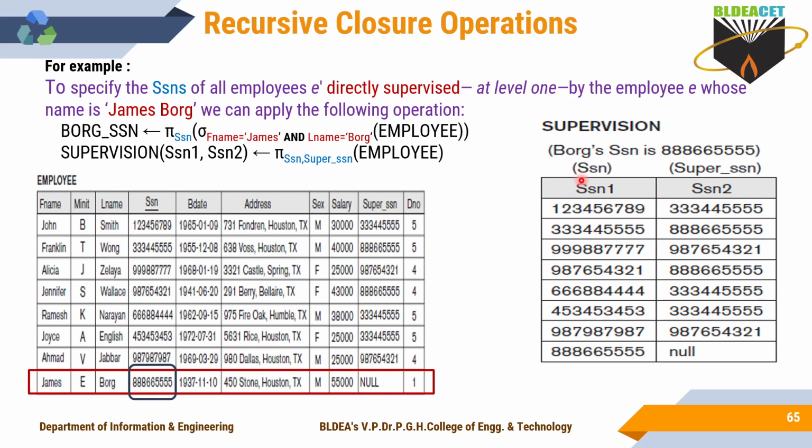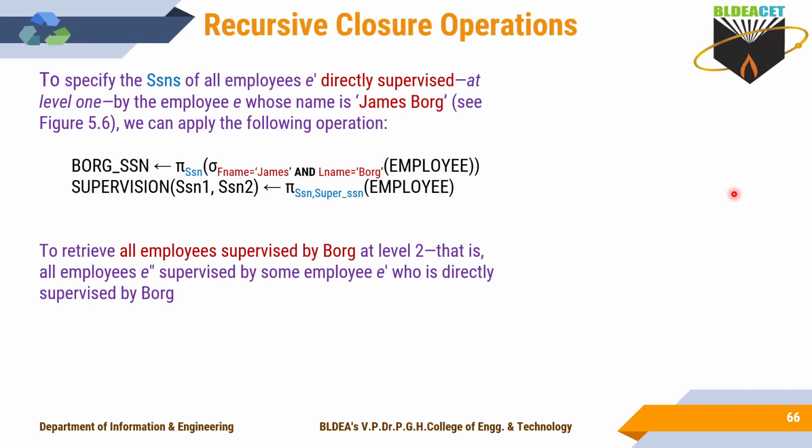So that is what you extract here from supervision. You extract the attributes SSN and super SSN, and you rename them as SSN1 and SSN2.